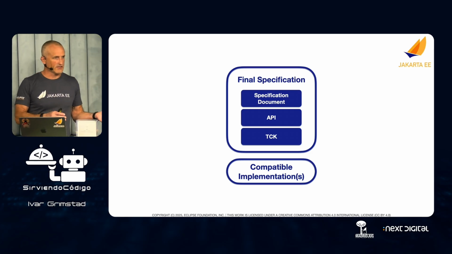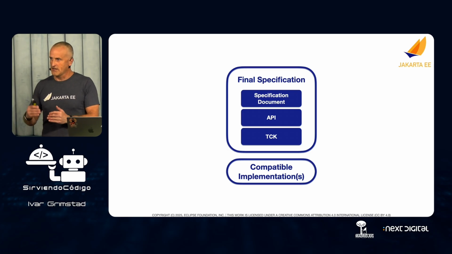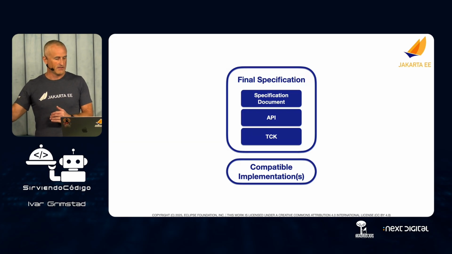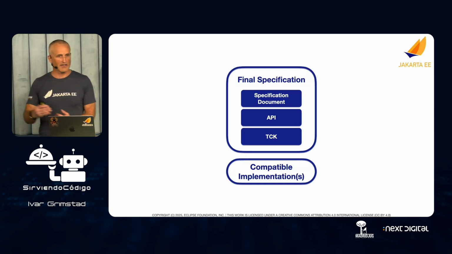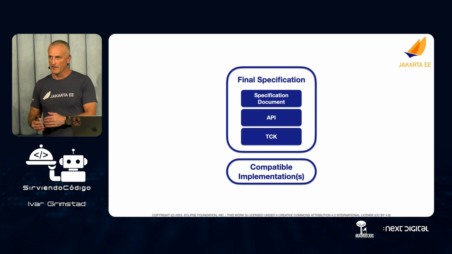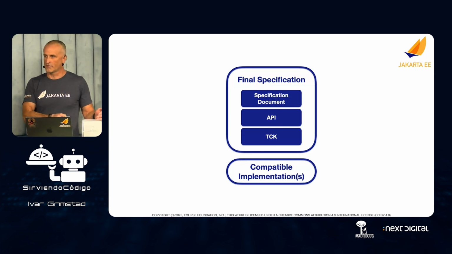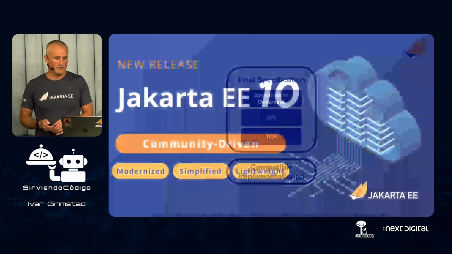And it's a TCK, or Technology Compatibility Kit, that we use to test and verify that an implementation fulfills all the requirements of the specification. And when it does that, it's a compatible implementation. We need at least one compatible implementation per specification to ratify it as final. But from there on, it can be as many implementations as possible.